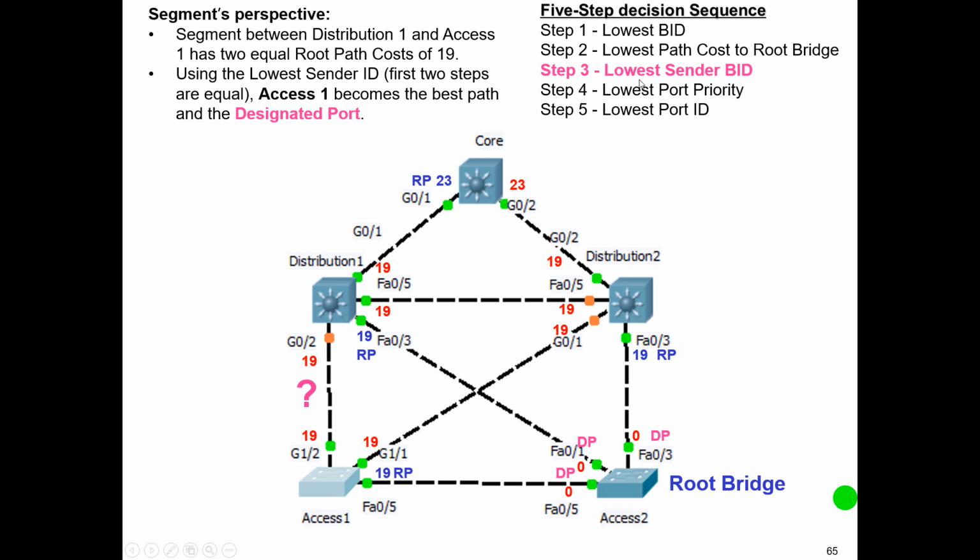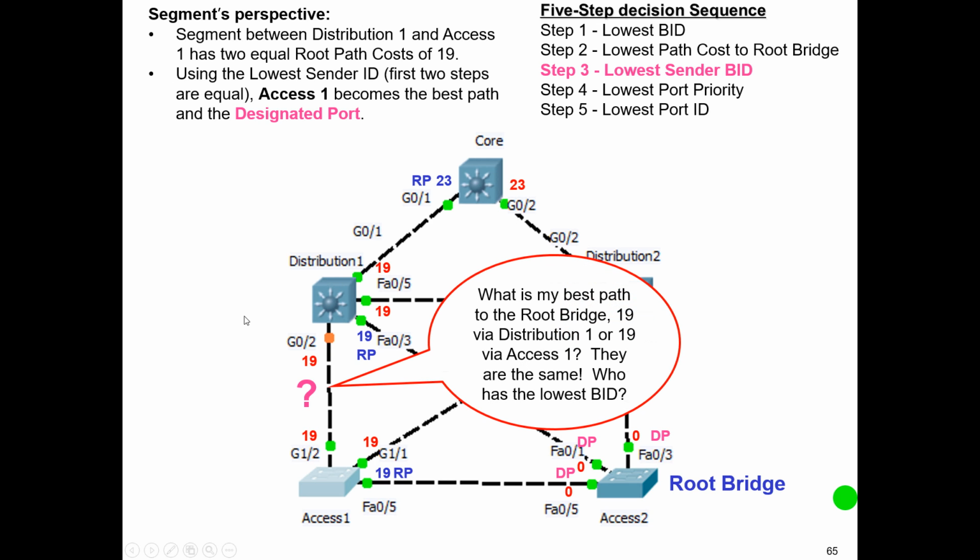Again, here we're looking at our 5 steps: lowest bridge ID, lowest path cost to root bridge, lowest sender bridge ID, lowest port priority, lowest port ID. So what is the best path to the root bridge? 19 via distribution 1 or 19 via access 1. They are the same. So who has the lowest bridge ID?